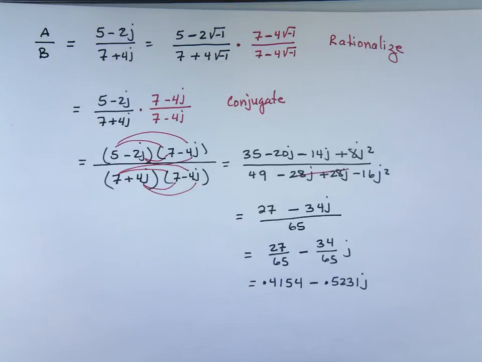If you want to multiply and divide, you want to be in polar. If you want to add and subtract, you want to be in rectangular. But before we do that, how do we go from rectangular to polar and polar to rectangular? This is physics, this is vectors.